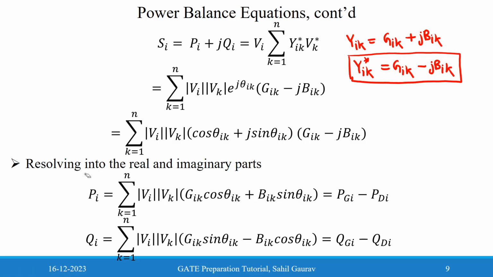Now we are going to resolve this into real and imaginary parts, so you will get P_i and Q_i. The net active power injected at bus I is equal to P_gi minus P_di, and this is the power balance equation that we are going to solve. And for Q_i we get Q_gi minus Q_di, that is the net reactive power injected at the bus I.